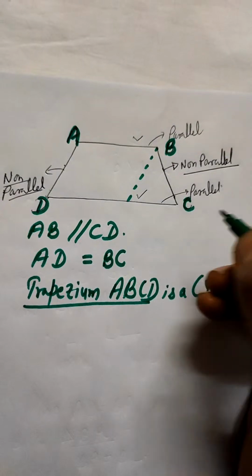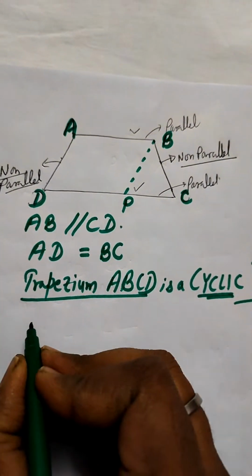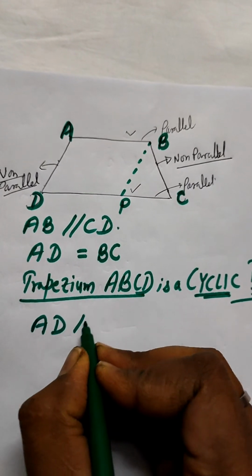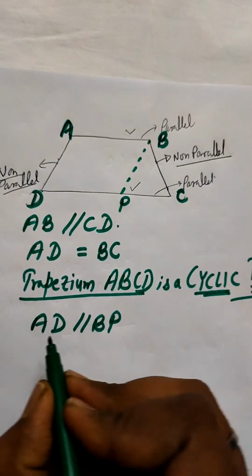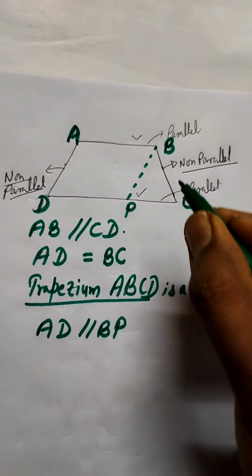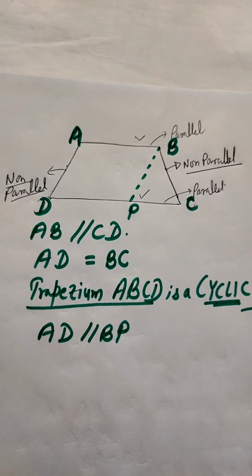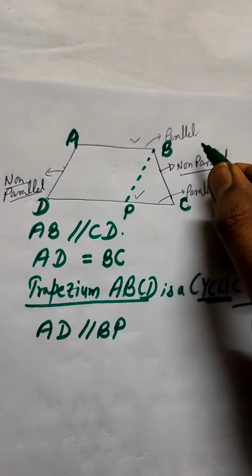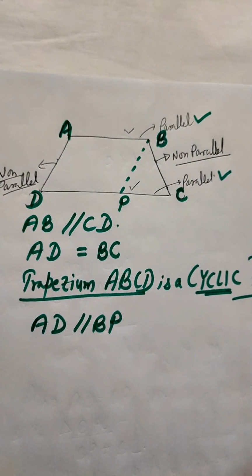Let us assume it intersects CD at a point P. So we can say that AD is parallel to BP. Since AD is parallel to BP, AD and BP are also a pair of parallel sides, and AB and DP are already parallel, right?